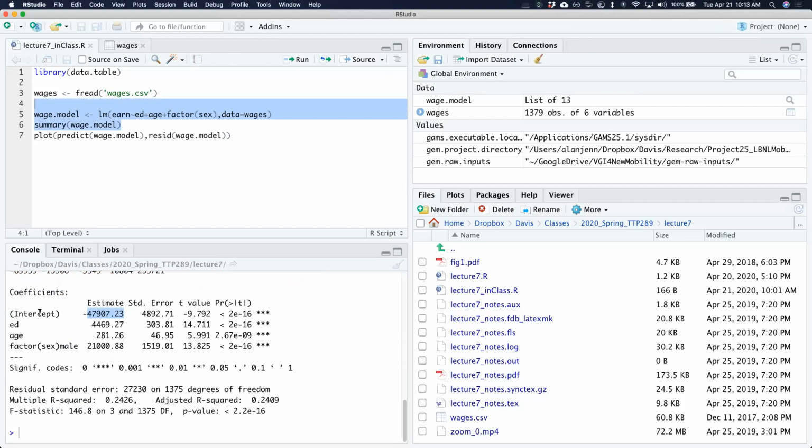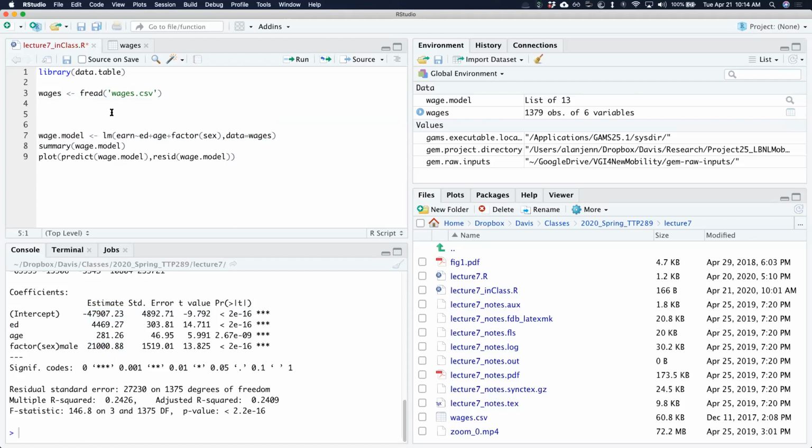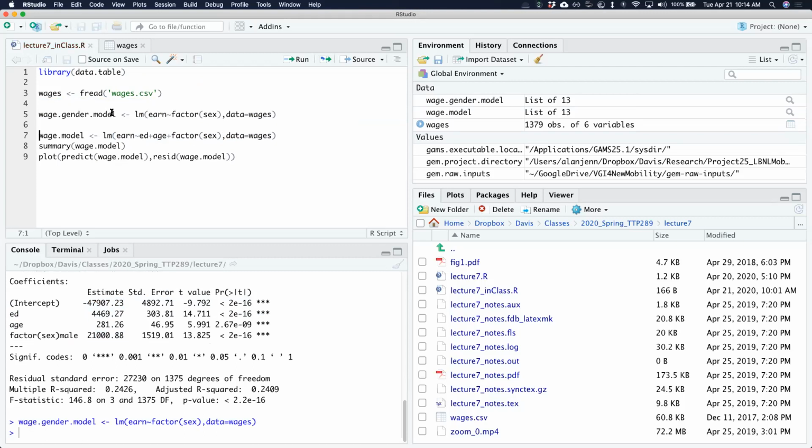Our base level in this example is female, and then males make this much more. In fact, if I were to do a simplified model, it would look something like this, where I'm just regressing against gender. We'll see what this looks like.